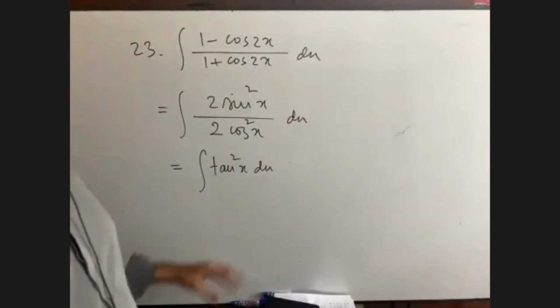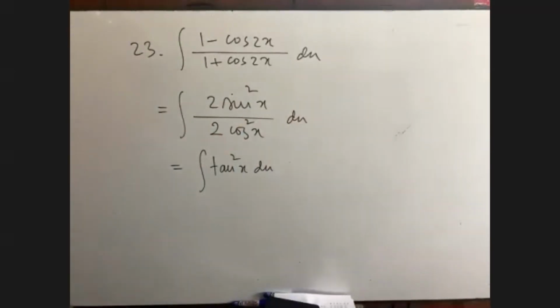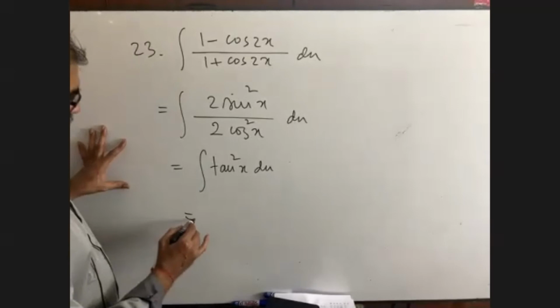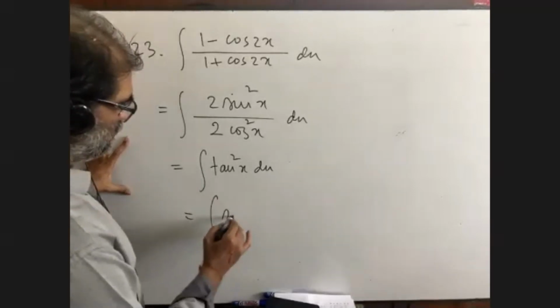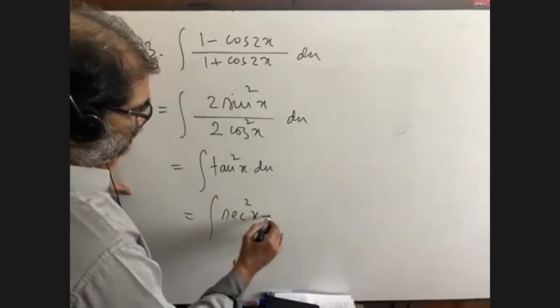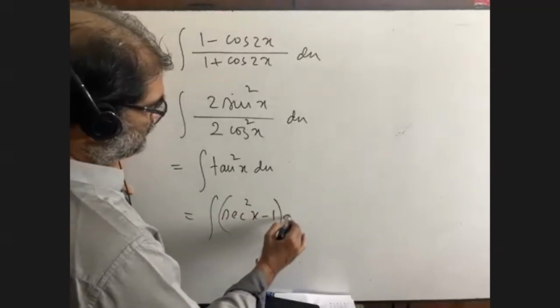Perhaps some of you asked me what he would do if it is given only sec x. Now, can you please tell me now? Okay, we don't know, but we have to know. What is the formula of tan square x? Let me know. It is sec square x minus 1, right?